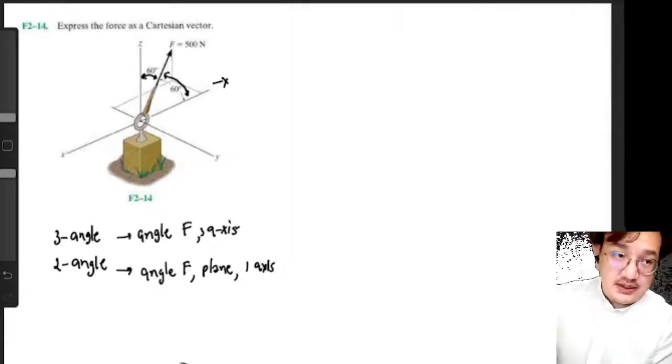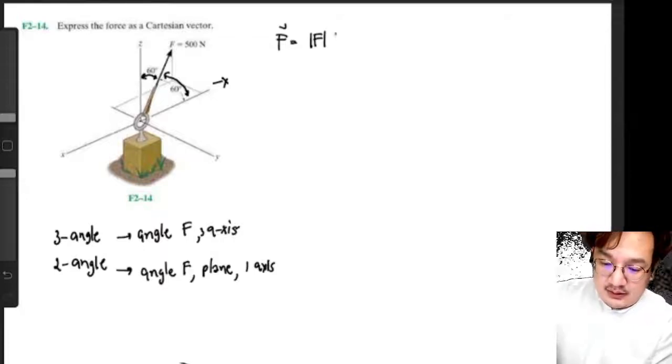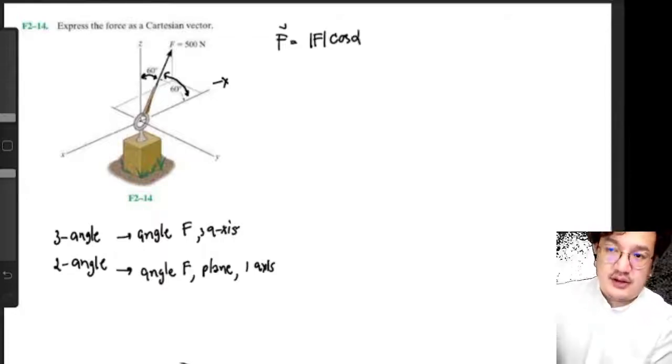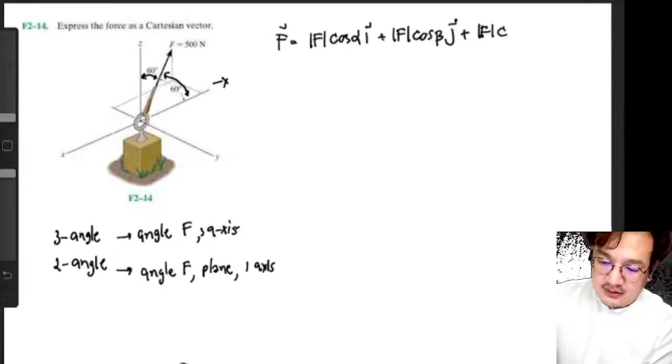So in the three angles system, we will use F equals the magnitude of F cos alpha i, then continue to the y-axis here, and for the last one is cos gamma k.